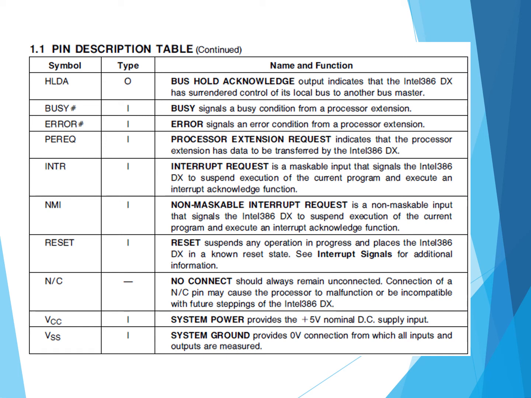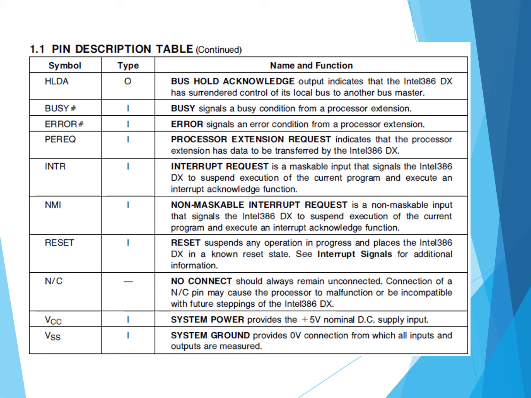The difference between INTR and NMI is that INTR is maskable whereas NMI is non-maskable. RESET, as the name indicates, suspends any operation that is in progress and puts the 80386DX in a reset state. NC means no connection. It is not used for any connection and is reserved for future use.